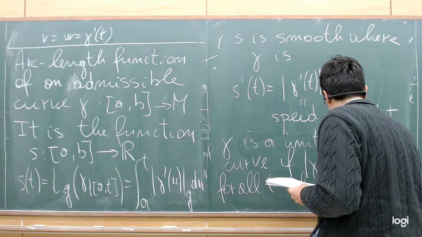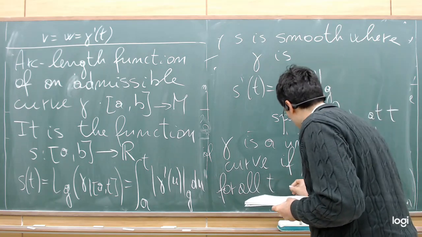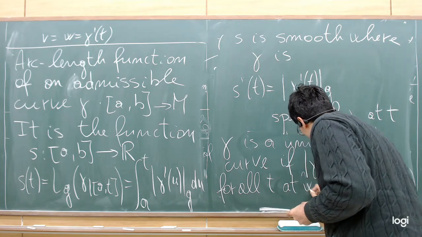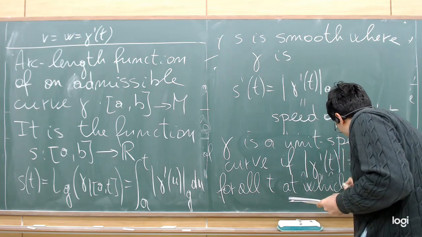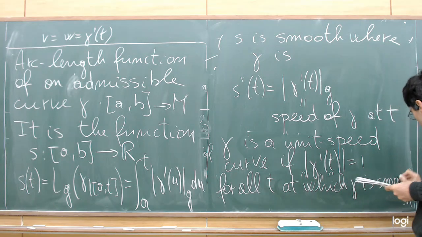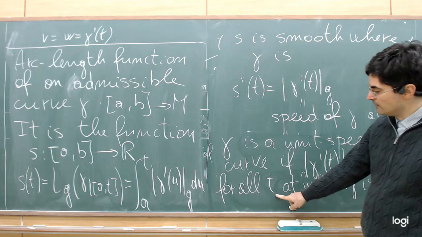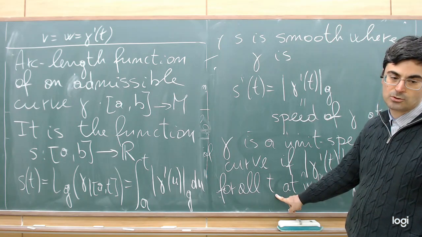Or maybe let's write it in another way, for all t at which gamma is smooth. That is, if gamma is an admissible curve, this means that this is true for all t different from the points of the partition we are considering.